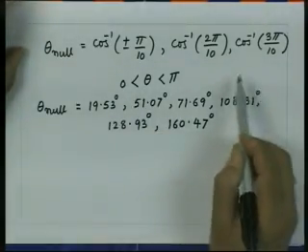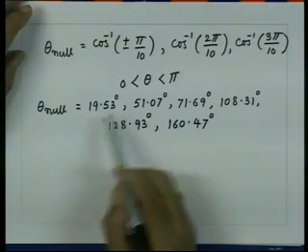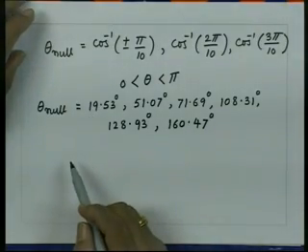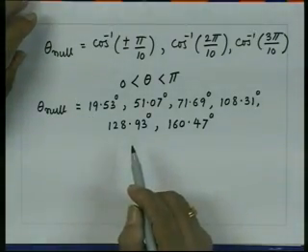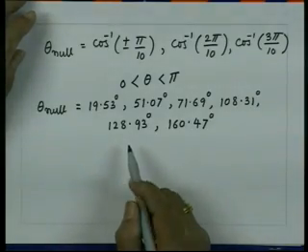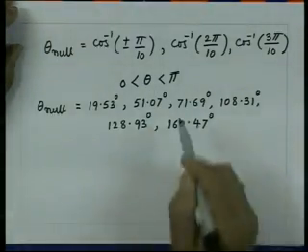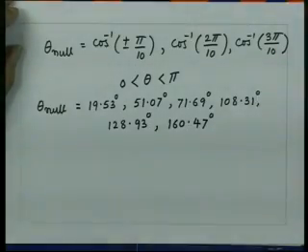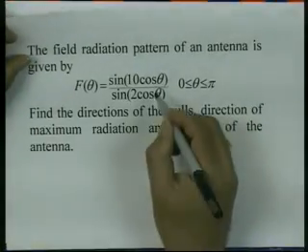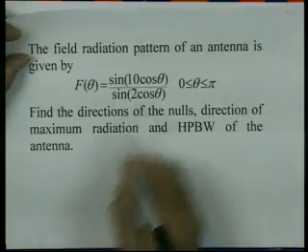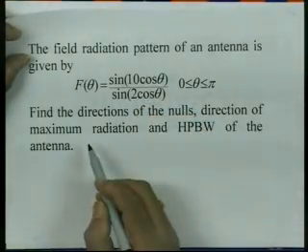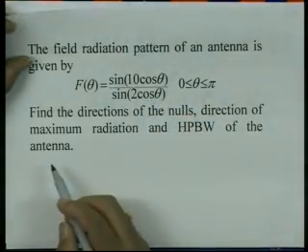At the angle corresponding to theta equal to pi by 2, the denominator of f theta also goes to 0, making theta equal to pi by 2 the direction of maximum radiation. So if I put theta equal to pi by 2, this quantity is 0.